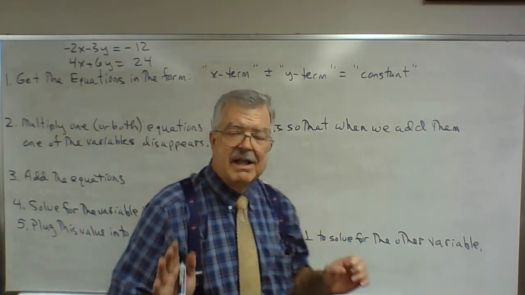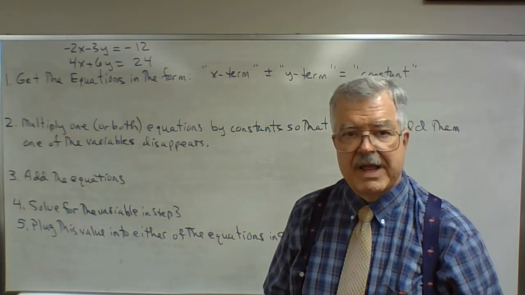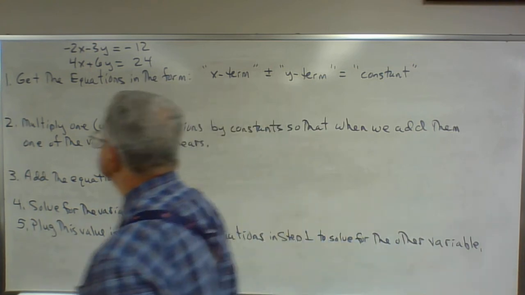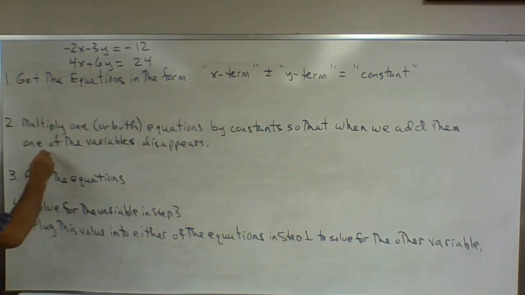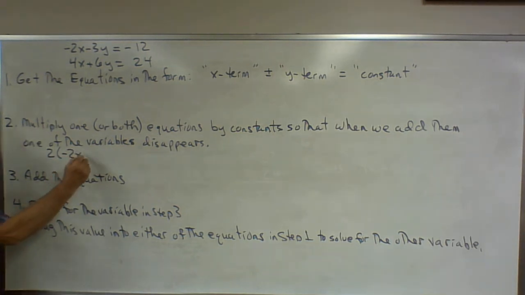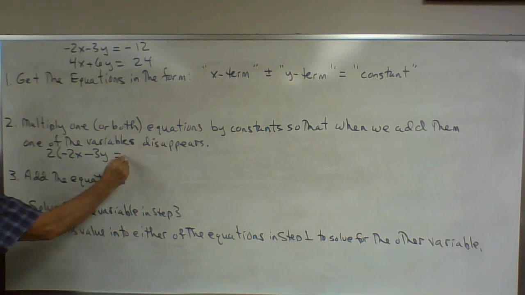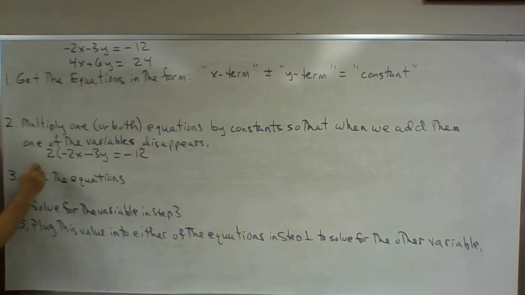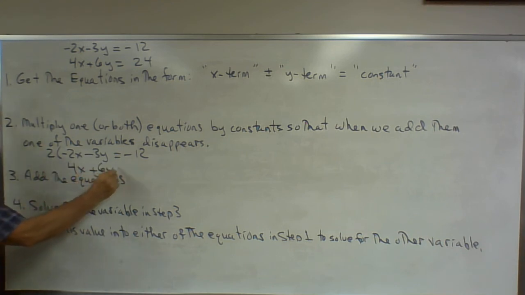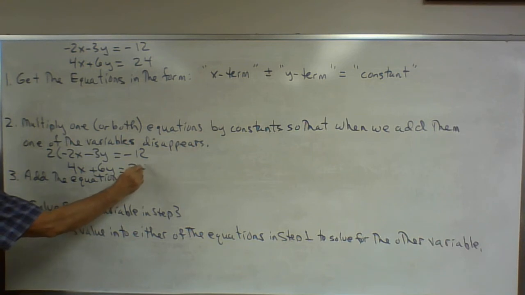So let's multiply the top equation by 2. 2 times negative 2x minus 3y equals negative 12. And the second equation, 4x plus 6y equals 24.